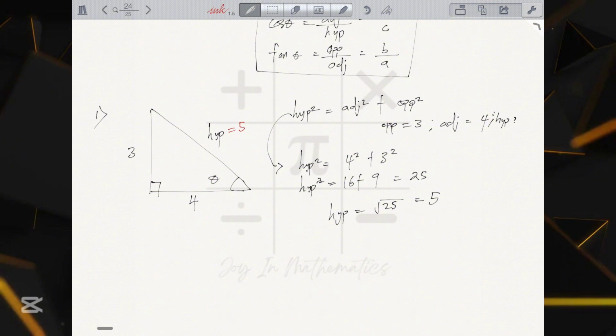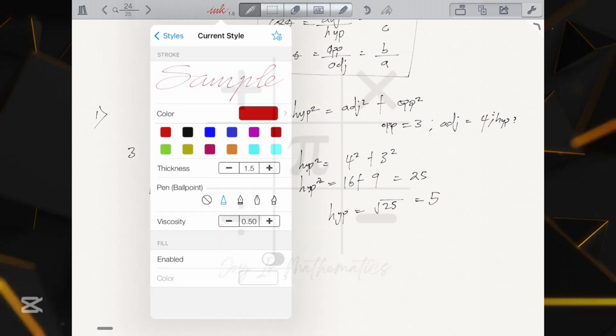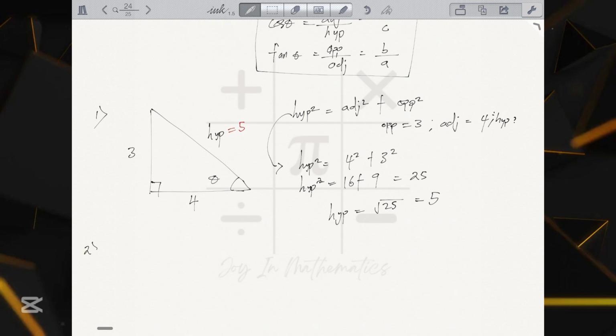Now, a time might come where we will not be given 2 sides. Maybe all we're just given is a side and an angle. Let's go to question number 2. You can see here we were given 2 sides. Now here we're given a side and an angle.